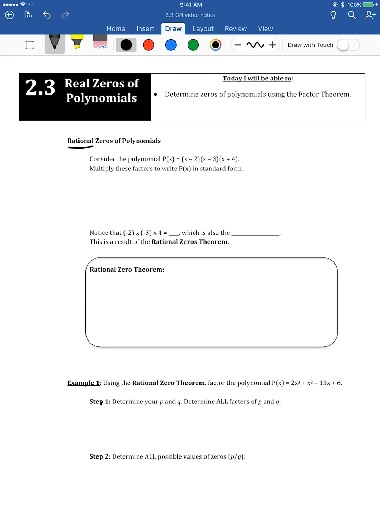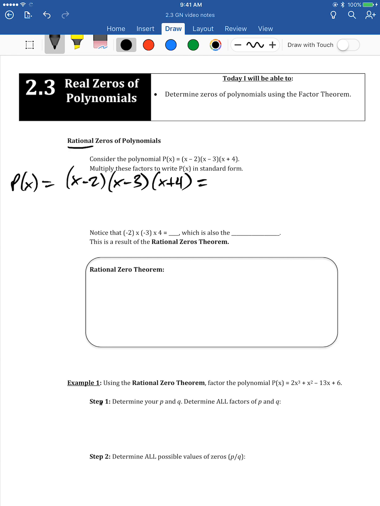So let's consider this polynomial, p of x equals (x minus 2)(x minus 3)(x plus 4). These are all factors. This is in factored form, and we want to write this in standard form. So to do that, we need to multiply. Multiply x minus 2 and x minus 3 together first.